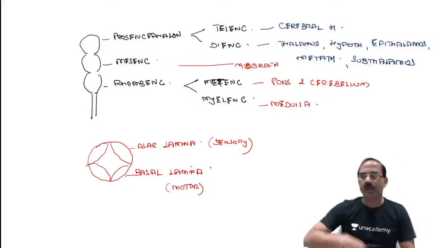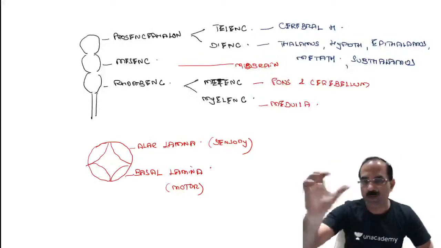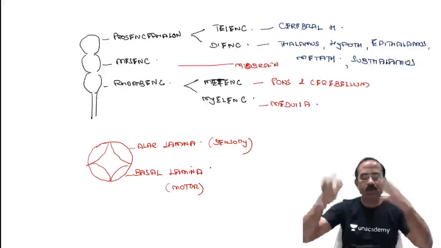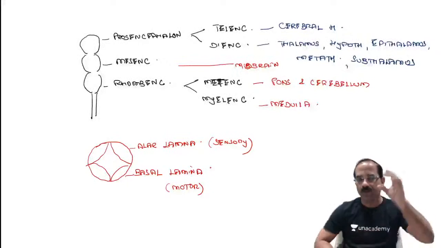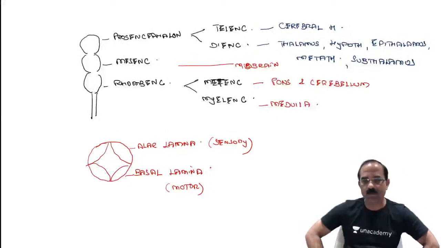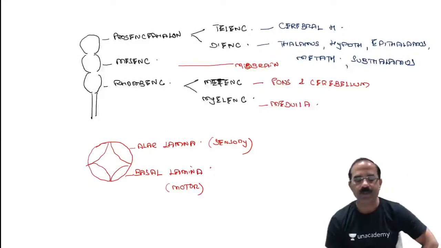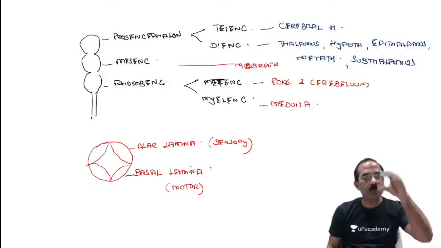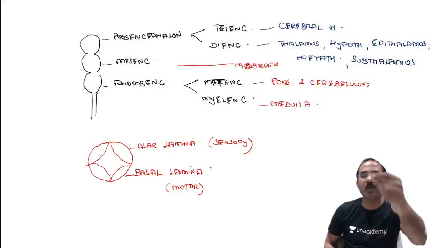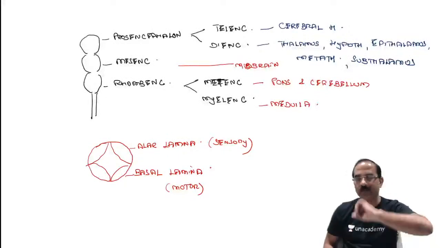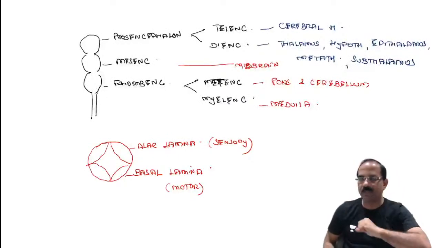Second, the motor nucleus of the facial nerve. Where is the motor nucleus of the facial nerve located? It is located in the pons, and it is motor, so it will be derived from basal lamina.